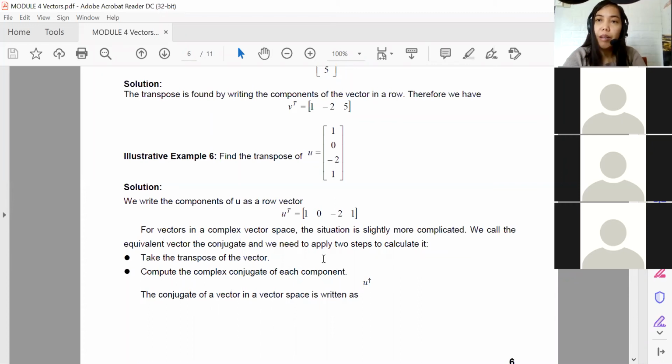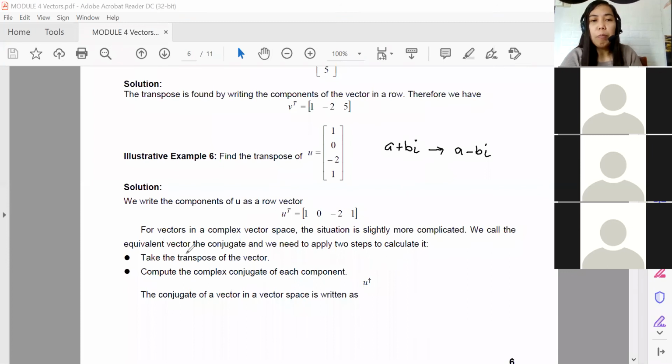Again, the complex conjugate of A plus BI is A minus BI. Because class, one of the properties of complex numbers is that the product of complex conjugates is a real number.